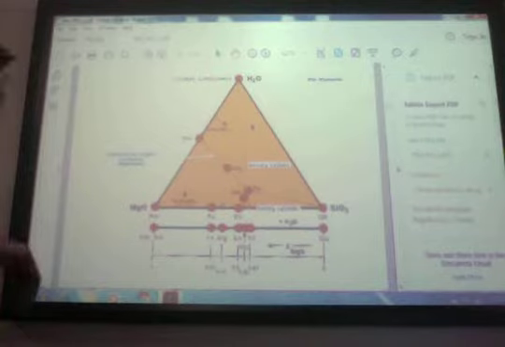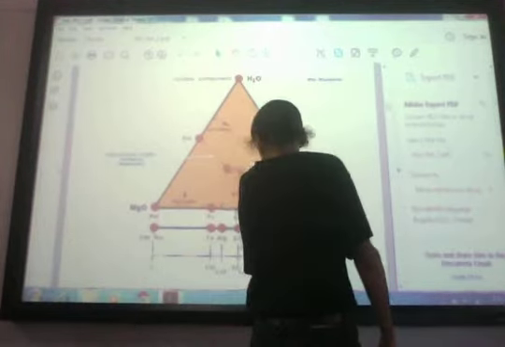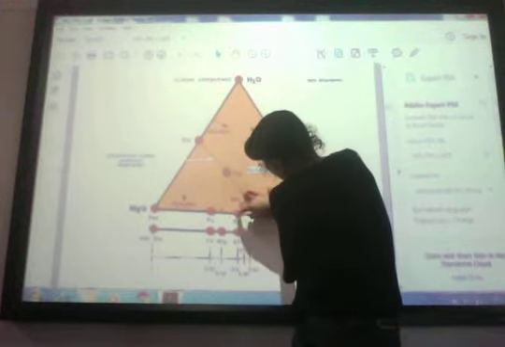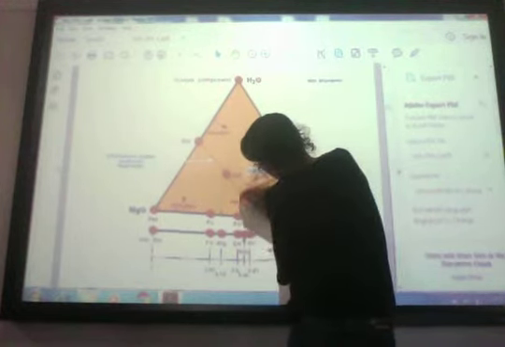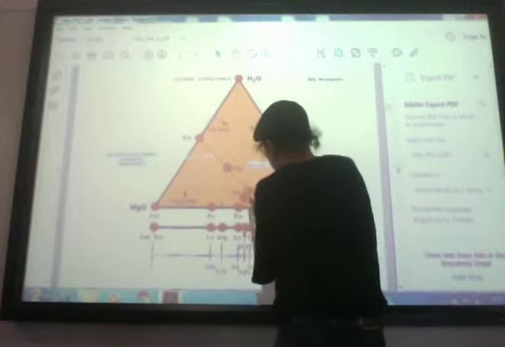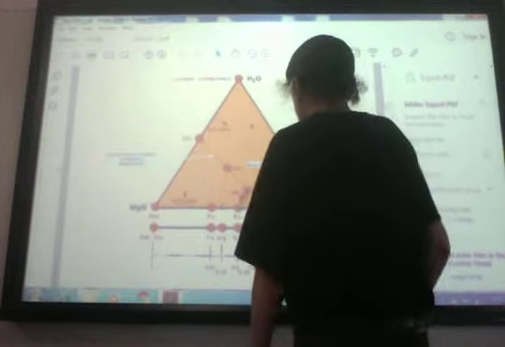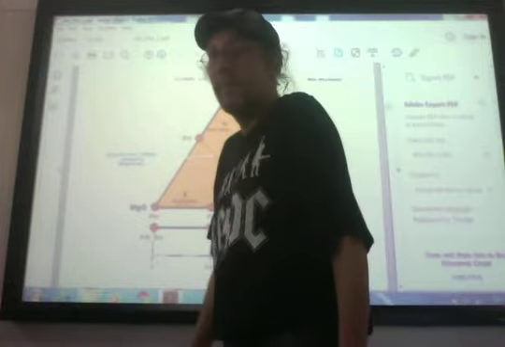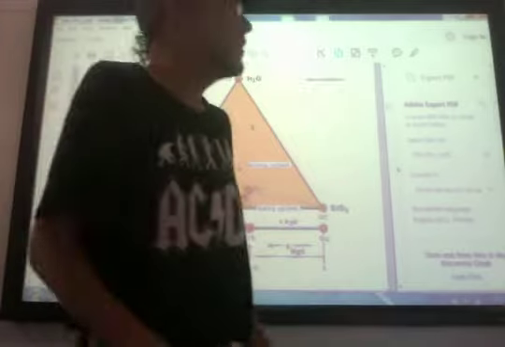You are just putting your hand on the talc, and then the talc is inside this triangle: enstatite, water, SiO2. And then the reaction is finished.